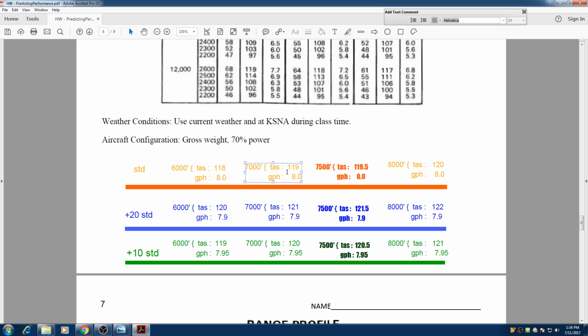Between 7,000 and 8,000 we can now find 7,500. The true airspeed is between 119 and 120, so 119.5, and between 8 gallons and 8 gallons there's no change, so we write it down here.